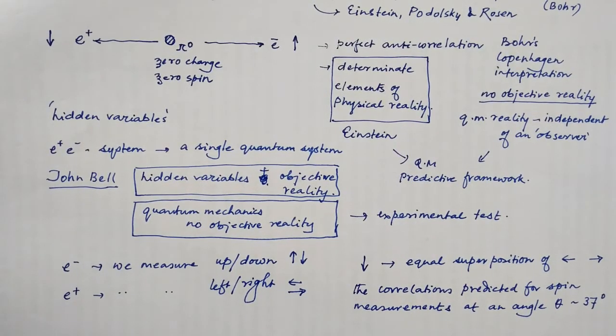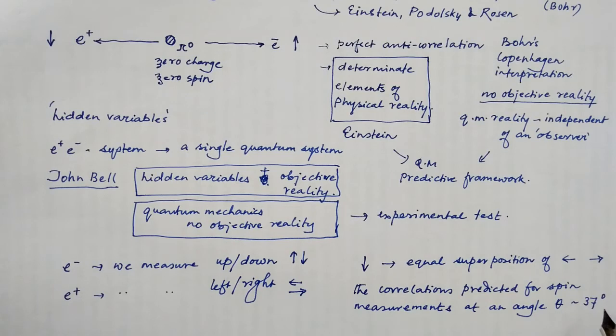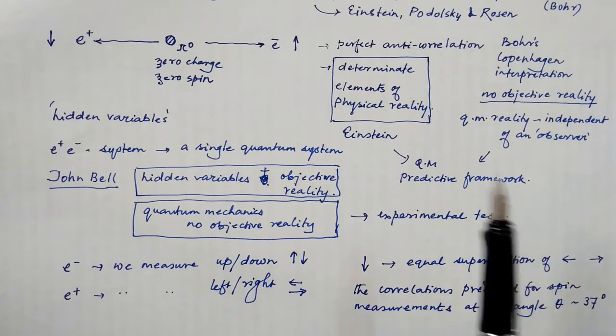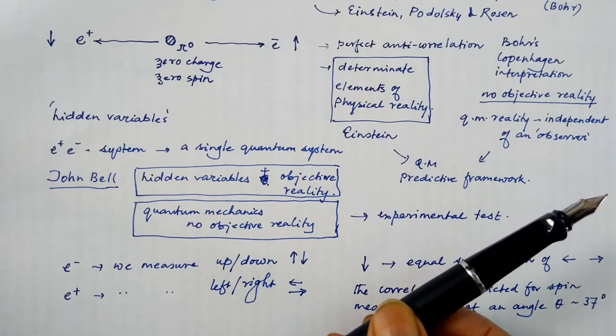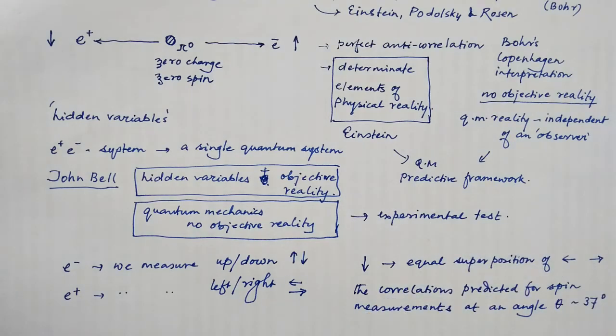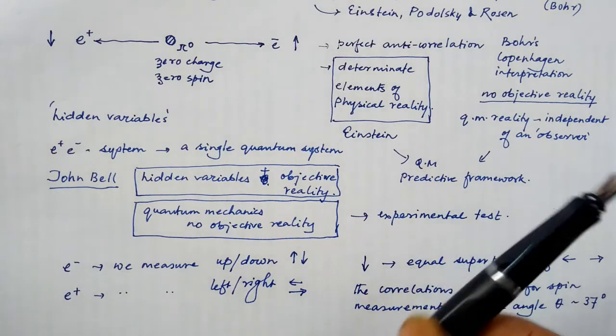In this case, the probabilities for up and down, when we measure at an angle of 37 degrees, are not equal.